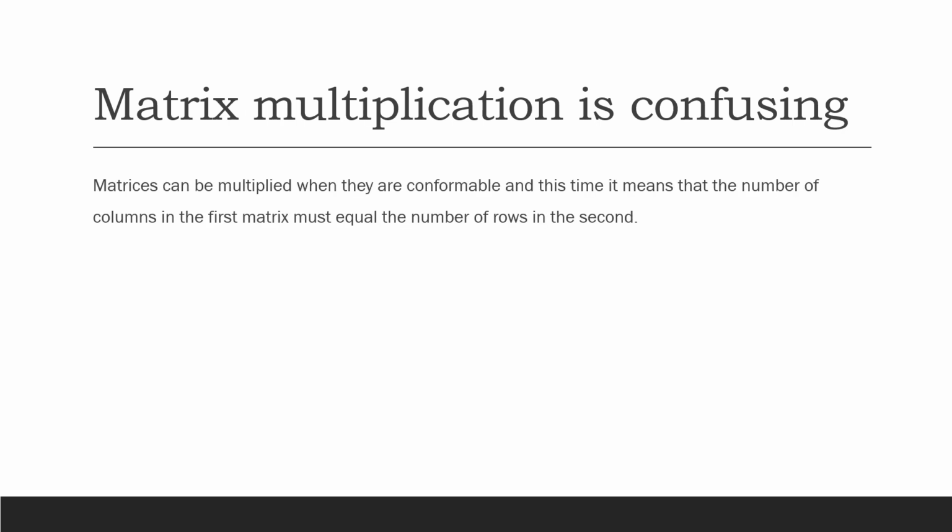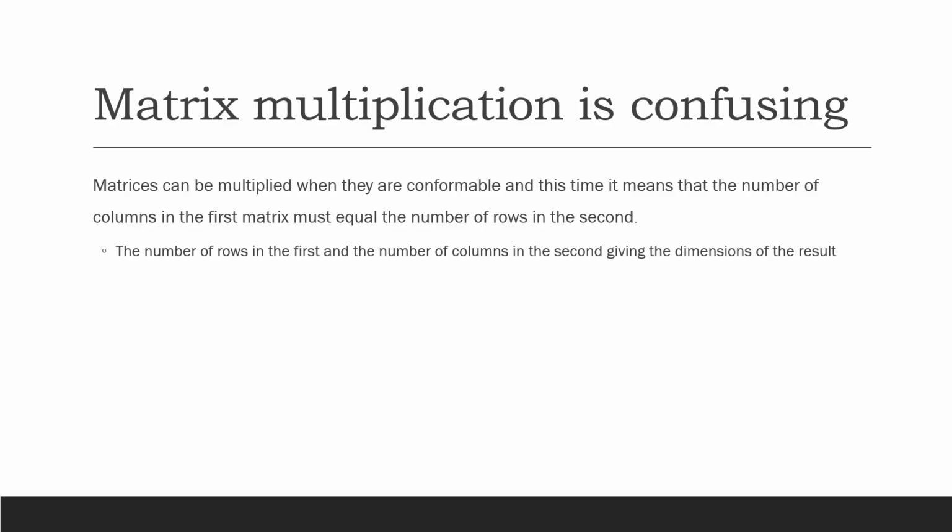So you can't always multiply matrices, and it's not just that they have to be the same size. In fact, sometimes if you've got matrices which are identical in dimensions, they can't be multiplied. What you need to make them multiplicable is that you need the number of columns in the first matrix to be equal to the number of rows in the second.